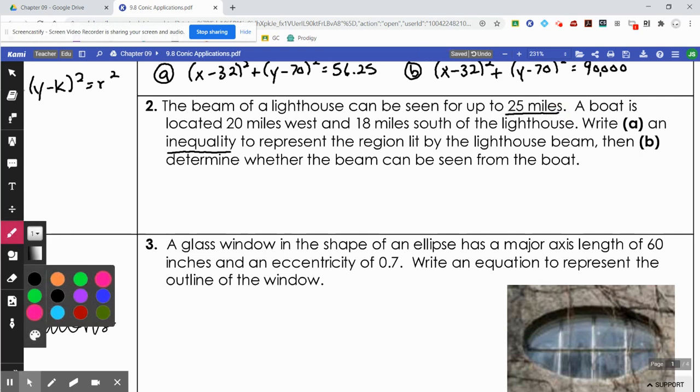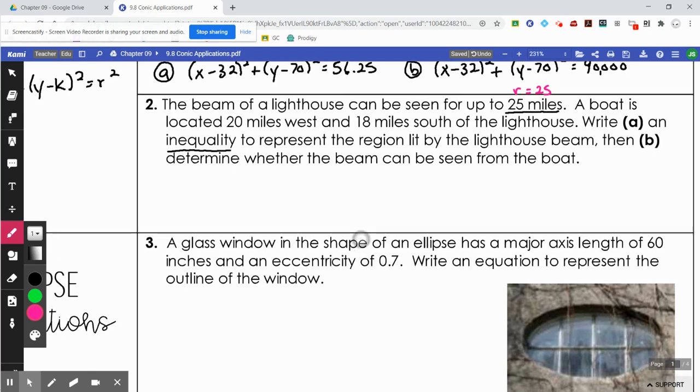It can be seen up to 25 miles. So it's shining from the lighthouse up to 25 miles in all directions with the lighthouse at the center. So that'd be a radius of 25 miles.